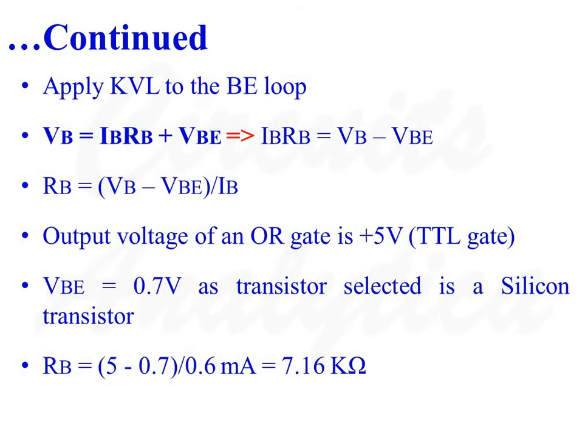VBE is equal to 0.7 volt as transistor selected is a silicon transistor. RB is equal to 5 minus 0.7 divided by 0.6 milliampere, that is equal to 7.16 kilo ohms.